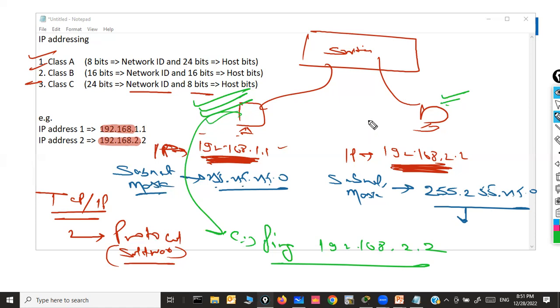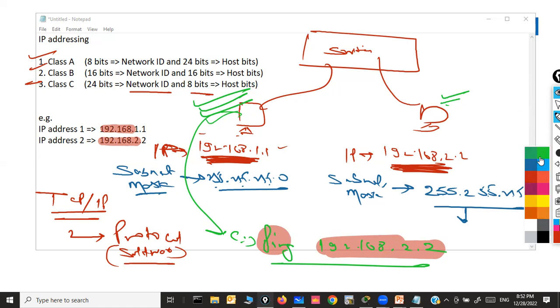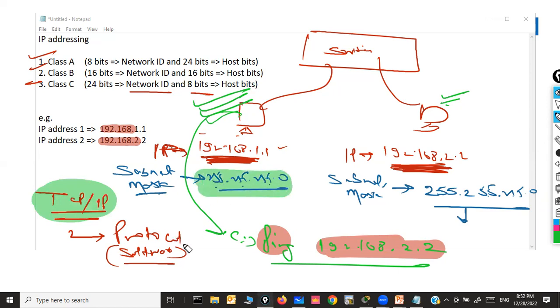So now what happens after typing this command, ping and then the address 192.168.2.2 from here? The TCP/IP protocol will first look at the subnet mask value. Why?